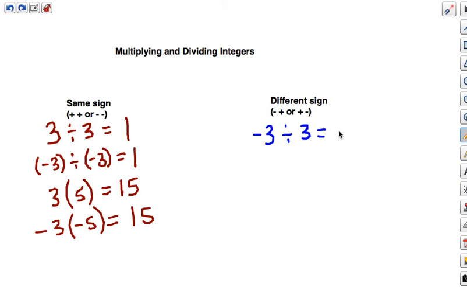Okay. A negative divided by a positive is a negative quotient, so -1. Okay, same thing goes if our positive was first, if we had 3 divided by -3, it will also be a negative.